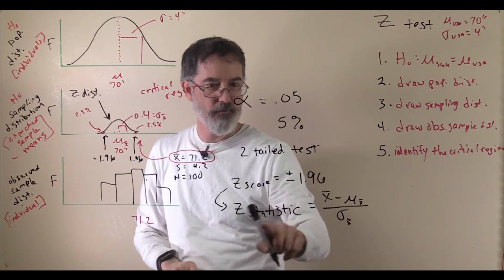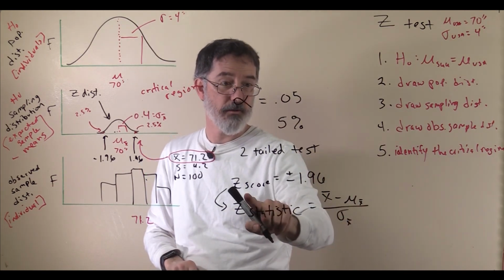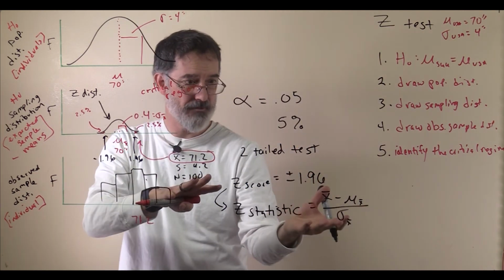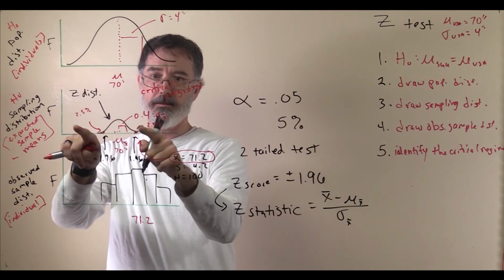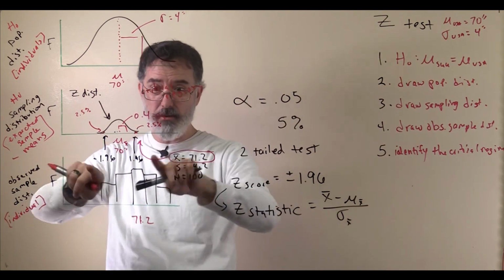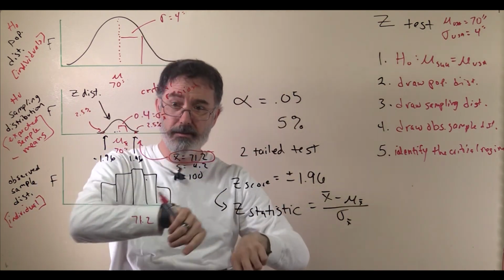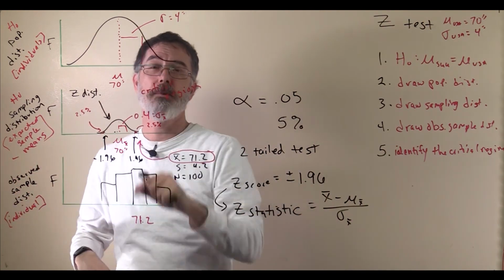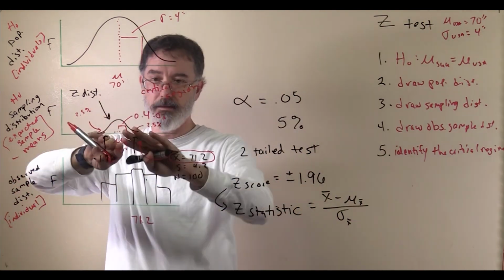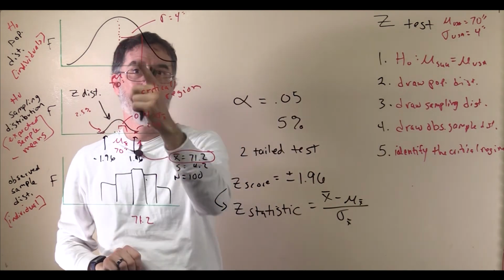So that's how I came up with the formula for the z-statistic: I just took the z-score formula and made it fit this scenario where we're trying to figure out where our sample mean is on this distribution. Because we want to figure out if it's more extreme than plus 1.96 or negative 1.96, in which case it'd be really unlikely from this population, and we'd reject the null hypothesis because it's such an unlikely sample from here.